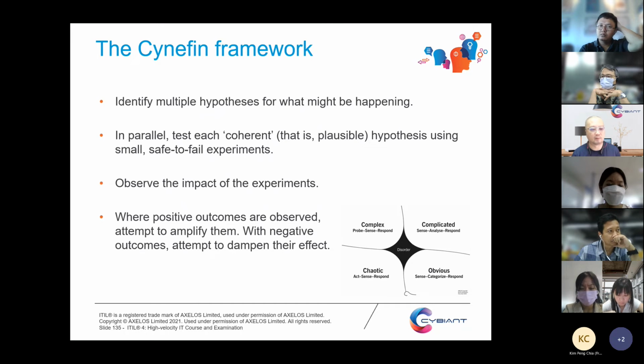Where there is a positive outcome, attempt to amplify it; with a negative outcome, attempt to dampen the effect. So basically, this framework talks about how we try to understand what system it is. Let's go back to the diagram.